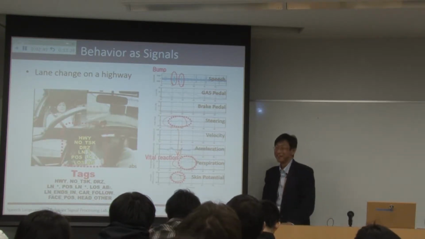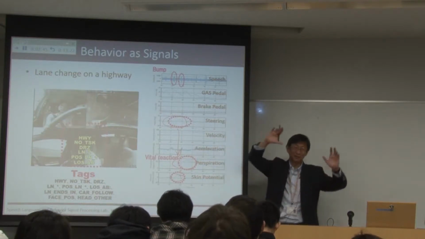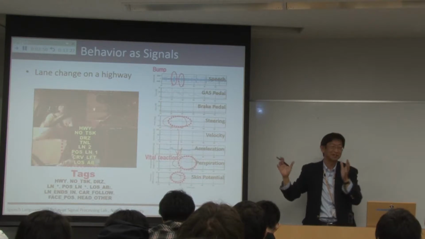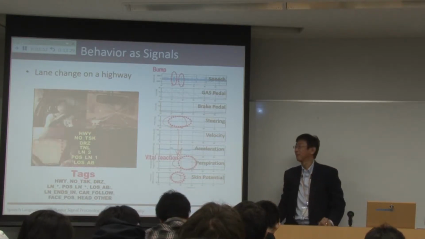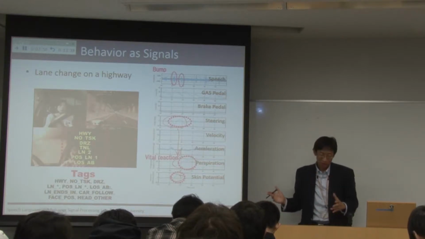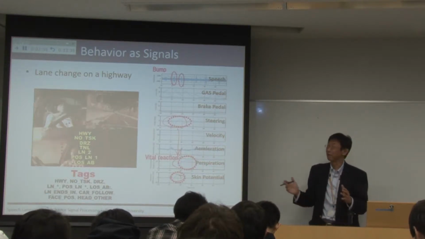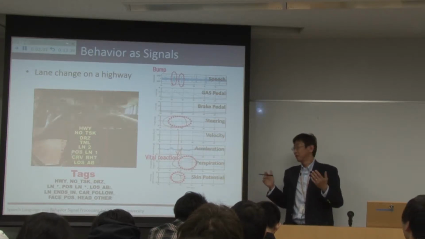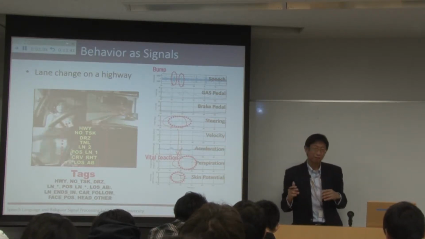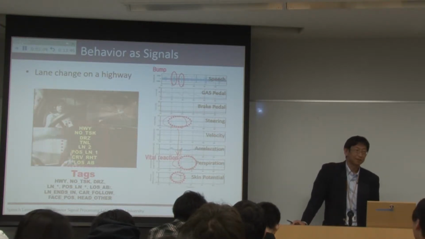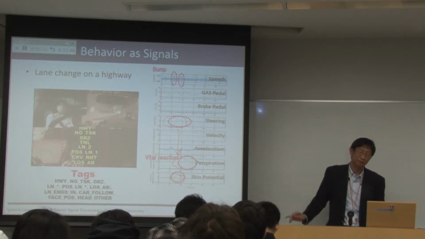You can upload these things on a computer in the Information Technology Center of Nagoya University. And every moment of driving, we accumulate this kind of data. So it is going to be a petabyte or a zettabyte, a huge amount of data. So this is really one of big data.